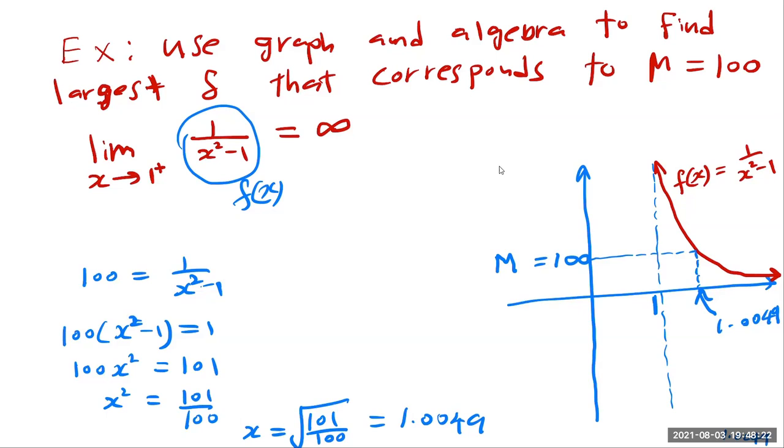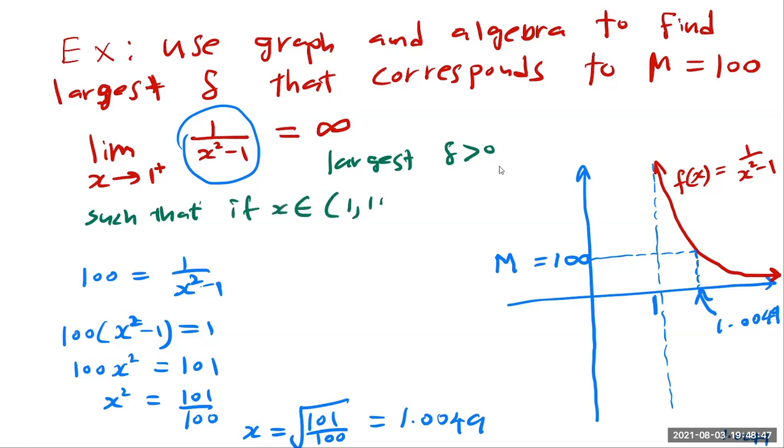We need to find the largest delta greater than 0 such that if x is in the interval (1, 1 plus delta), then my f of x has to be bigger than 100. 100 is my M, okay?